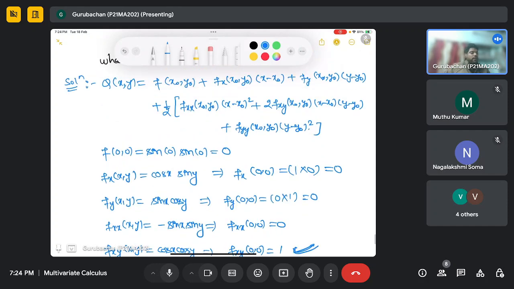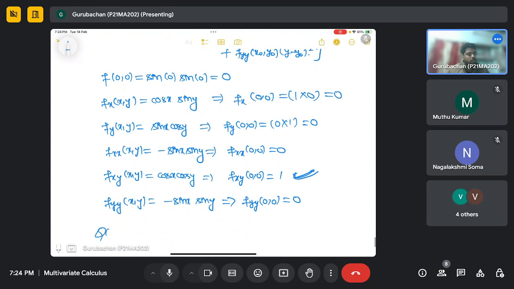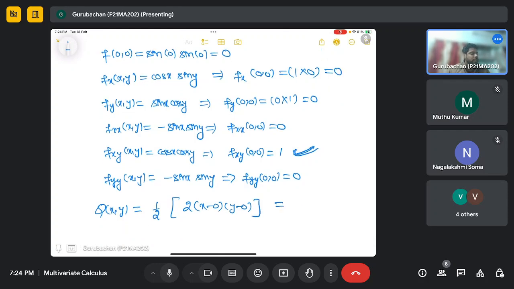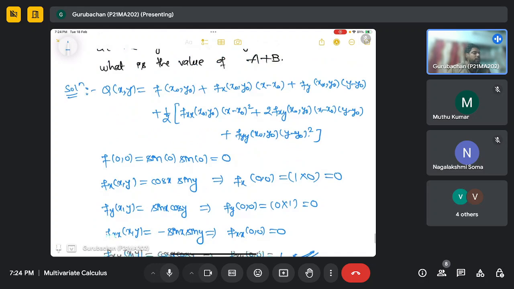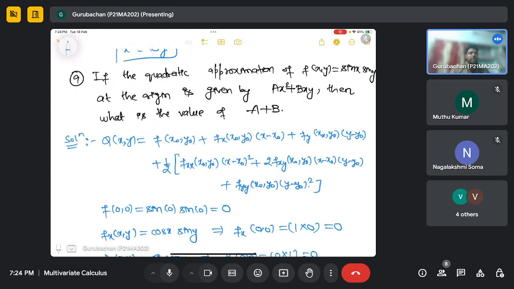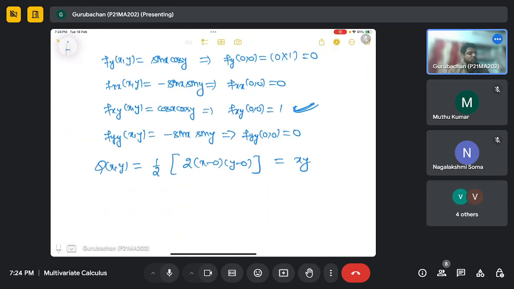So we will put these values in this quadratic expression and we will get Q(x,y) is nothing but 1 by 2 times 2 f_xy, the other factors are 0 so I am not writing them, times (x minus 0)(y minus 0). So this will give us xy. We have been given the form ax square plus bxy, so Q(x,y) is equal to ax square plus bxy.